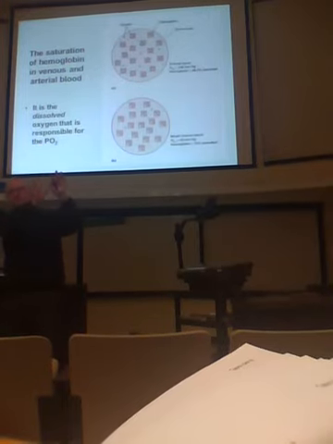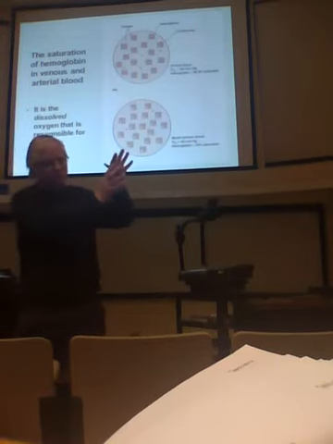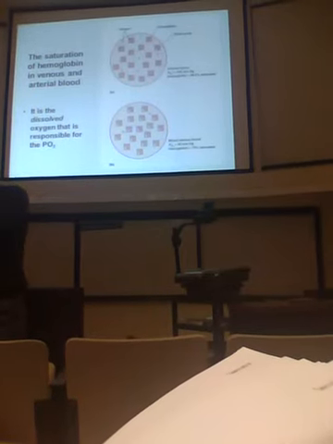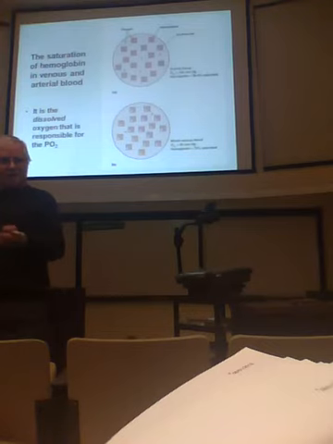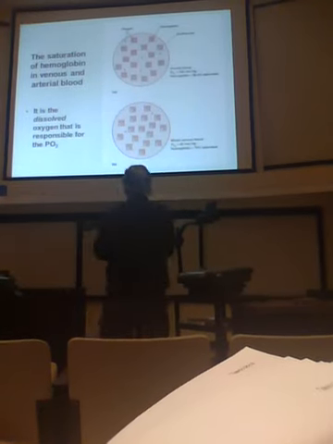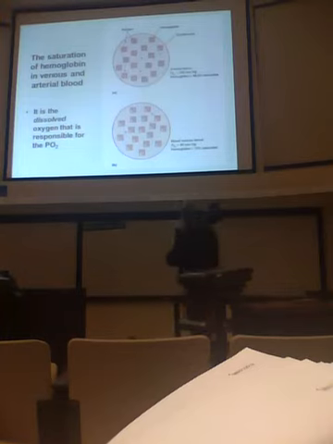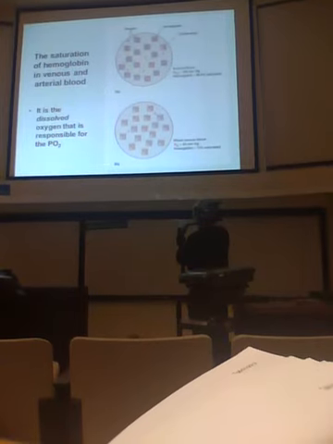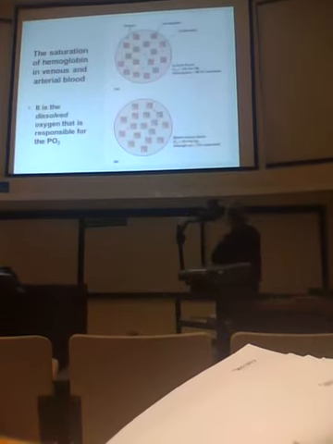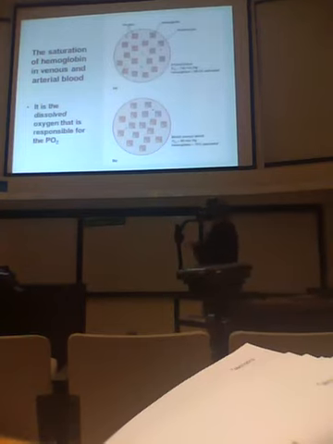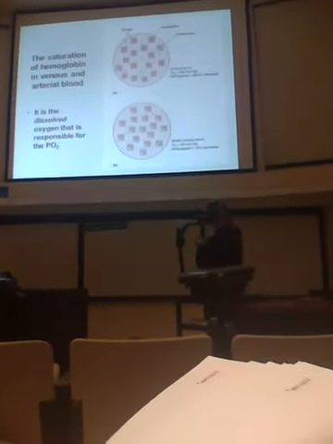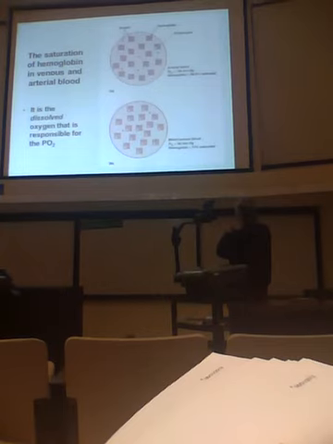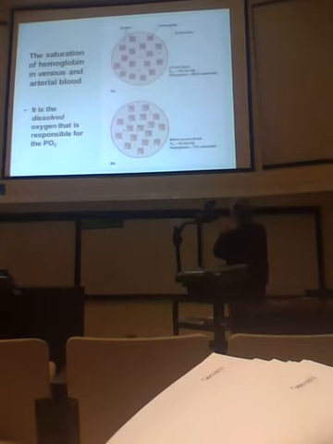It's not that 75% of them are 100% saturated and 25% have none. Do you understand what I mean there? They're equally desaturated. So that's the situation with hemoglobin saturation, 98.5% saturated in arterial blood and 75% saturated in venous blood. But remember that it is the dissolved oxygen that's responsible for the PO2, not this. If this is plasma out here, then there's dissolved oxygen out here, and that is what we mean by PO2.